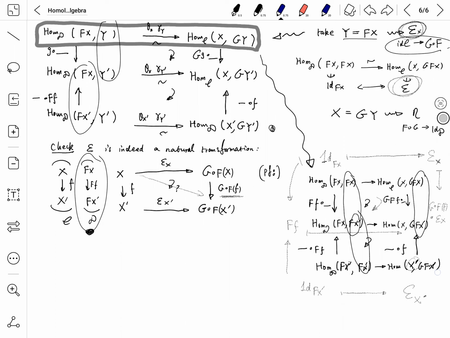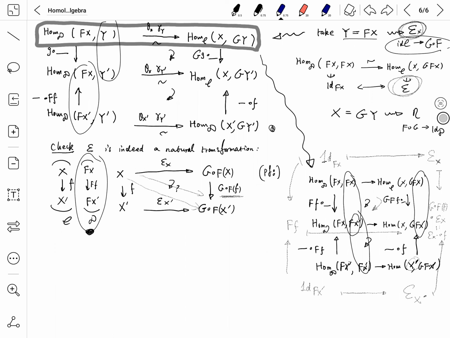And this is mapped to here by composing with F, which is exactly the composition of these two arrows. And so they must be the same, and so we prove the naturality. Very complicated.